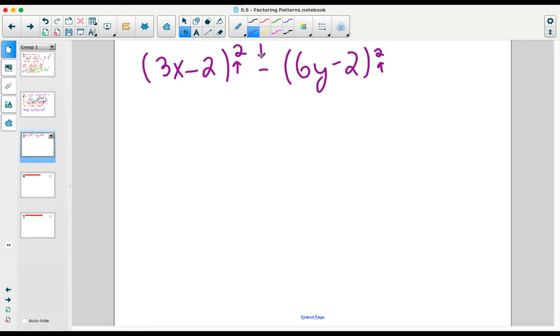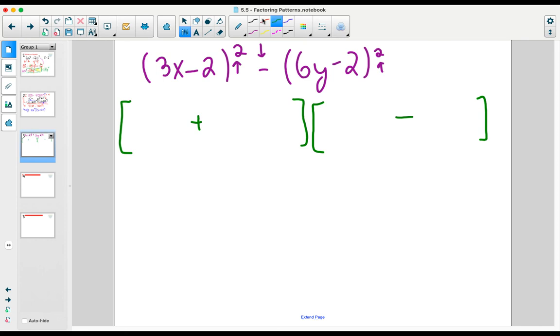So we can apply the difference of squares to this, being very careful with our simplifying, being very careful with our positioning inside of the parentheses. In our first parentheses, we're actually going to use a bracket because we're going to need multiple terms inside of here. Here's going to be our difference of squares. We're going to have a minus sign in one of them and a plus sign in the other.